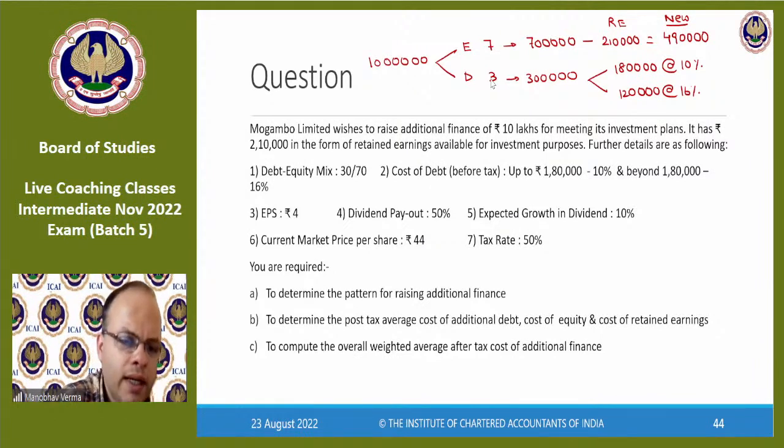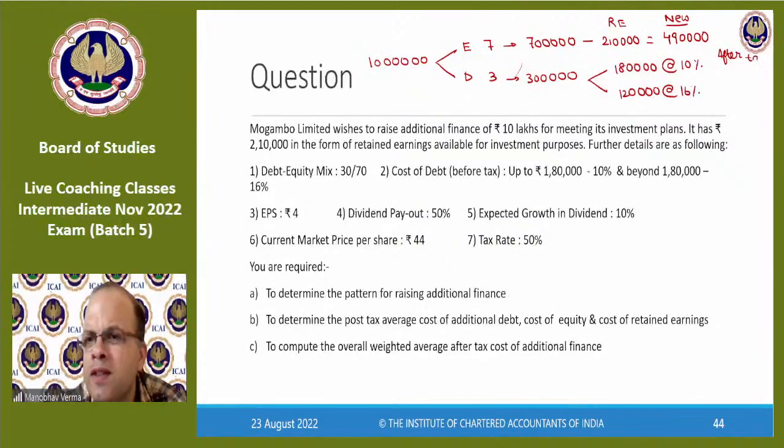So for cost of debt, I've got a few answers as 6.2%. Okay. So let's see how you guys did it. After tax, with 50% tax, it will be 5% and 8%. And the weightage is 60% and 40%, right?